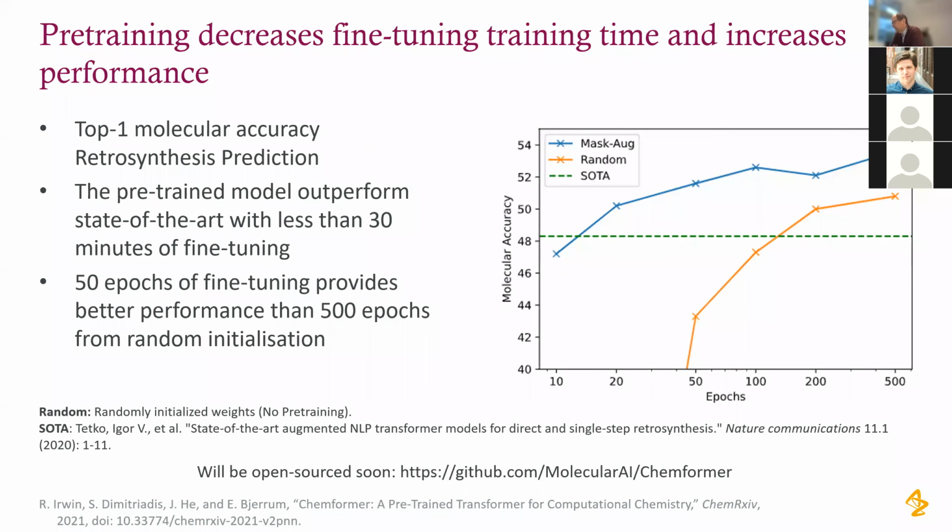The scale here is the number of epochs, how many times we go over the training set, and it is logarithmic here. We end up at 500 epochs, and the randomly initialized model has still not caught up with the pre-trained one. So suddenly we have a good situation here, at least for this data set. We can train faster, and we also get a better performance.